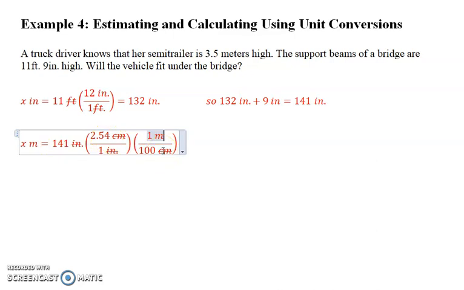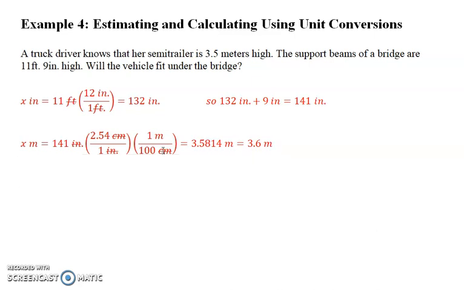So we get 141 multiplied by 2.54. We get 358.14, and then we're going to divide that by 100, and we get a value equal to 3.5814 meters, which is approximately equal to 3.6 meters.